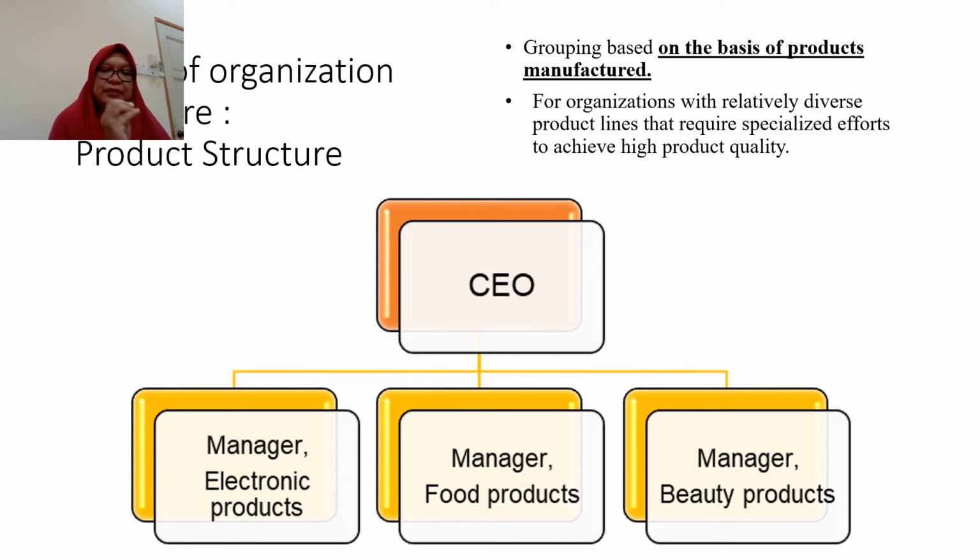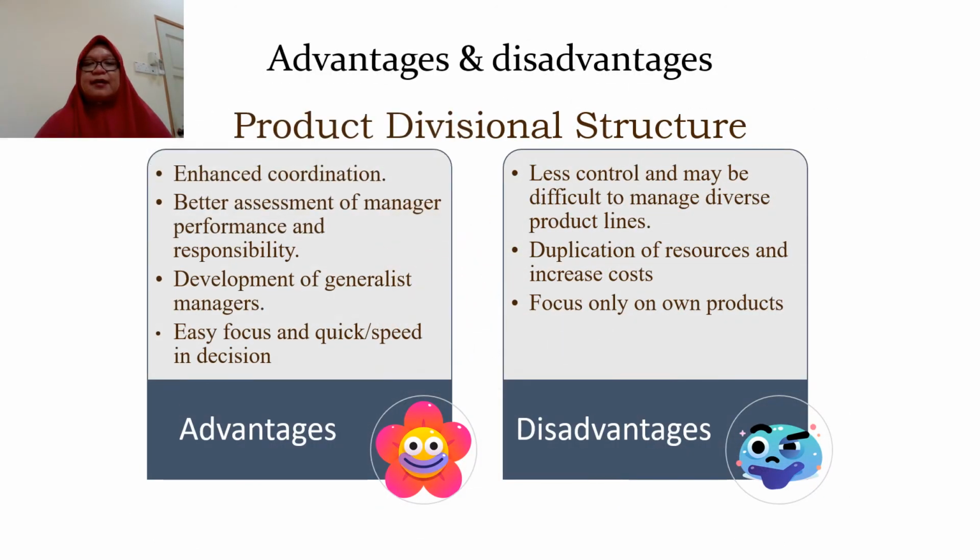So you can structure departments based on product. Let's say that you work under the manager of food products, so all the employees in this department will do activities based on food products. Advantages and disadvantages, read on your own.